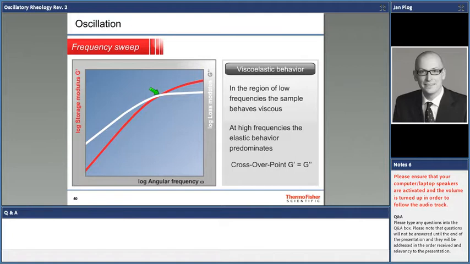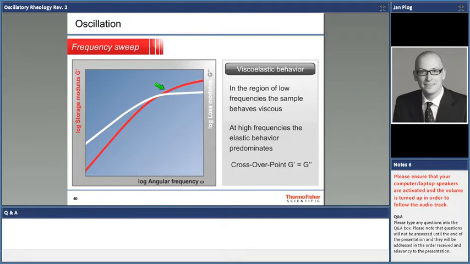Okay, polymer segments cannot flow around each other anymore. You freeze in the three-dimensional network. More and more energy can be absorbed elastically, and at one point or another, which is very characteristic for your products, a lot of people use that test in QC also, the elastic response overcompensates the viscous response.